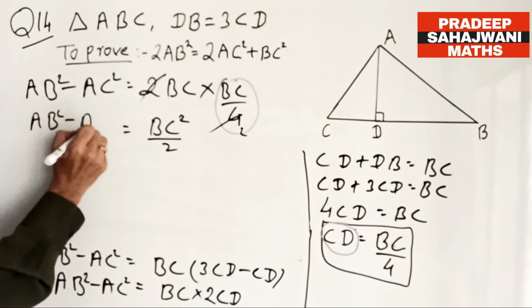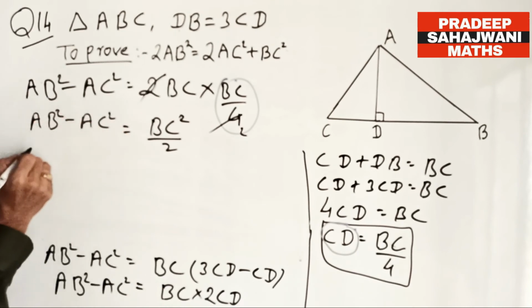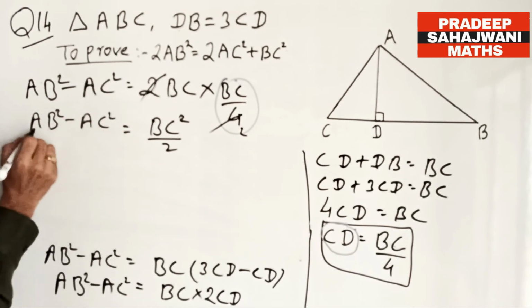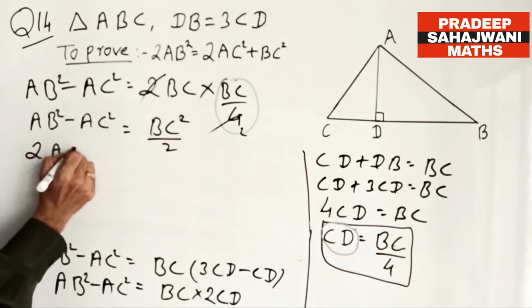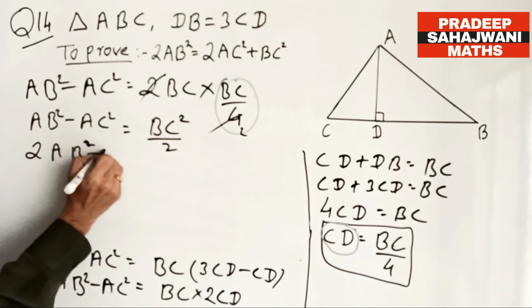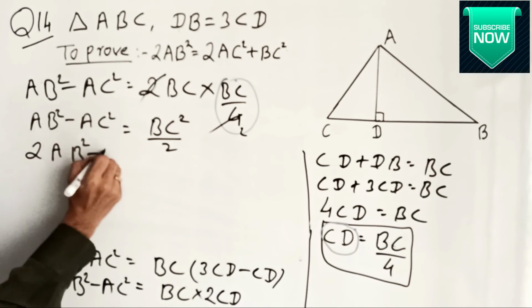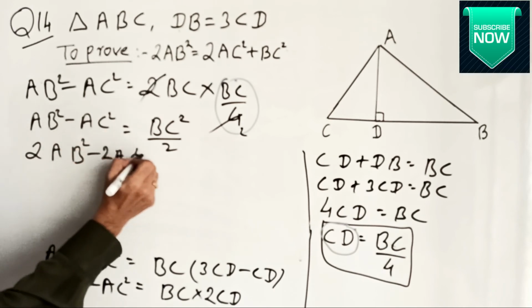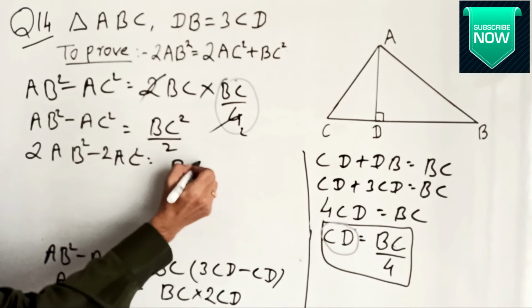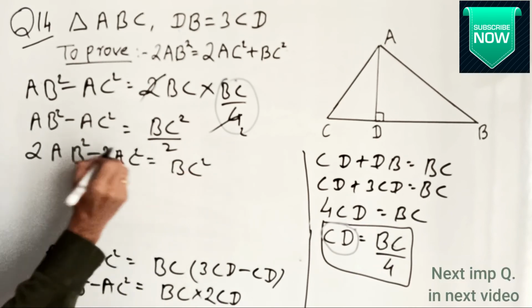And this is again AB square minus AC square. Now cross multiply, this will be 2AB square minus 2AC square is equal to BC square.